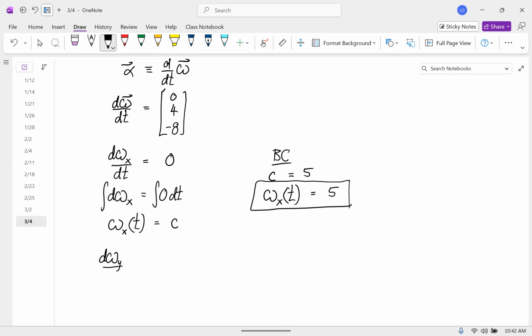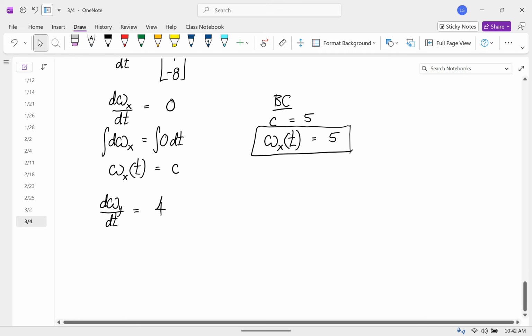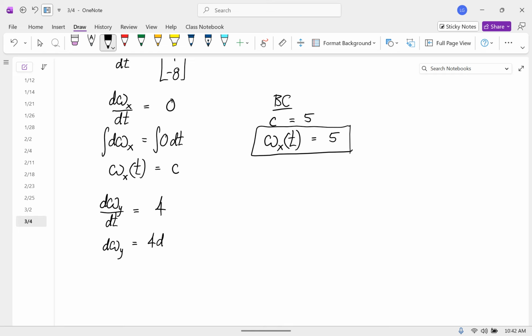So d omega y dt is equal to 4. So d omega y is equal to 4 dt, and we'll integrate. And omega y as a function of time is equal to 4t plus, I'll call it c again because we're already done with that first c. And the boundary condition says when time is equal to 0, omega y is equal to 0.